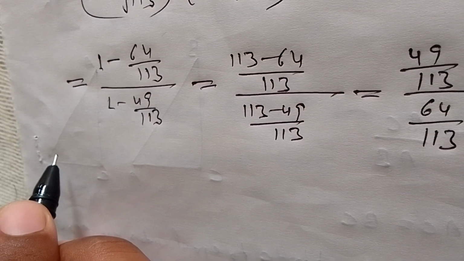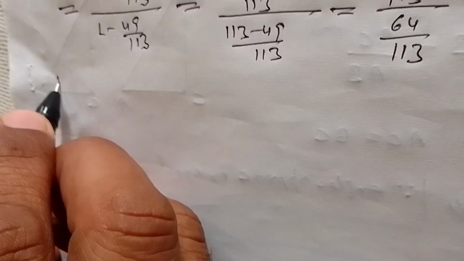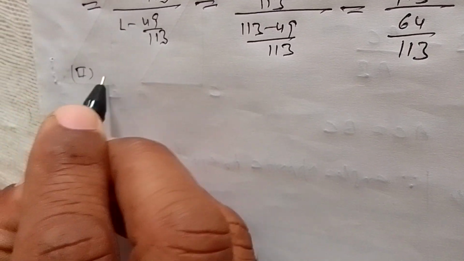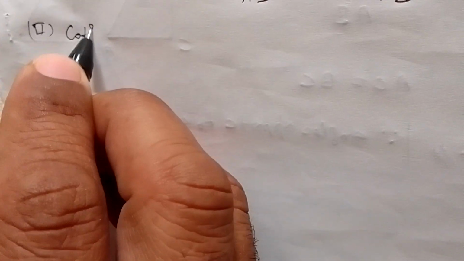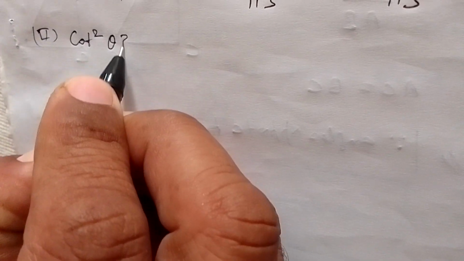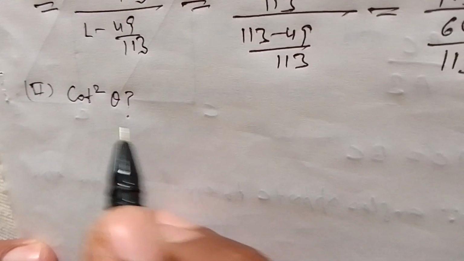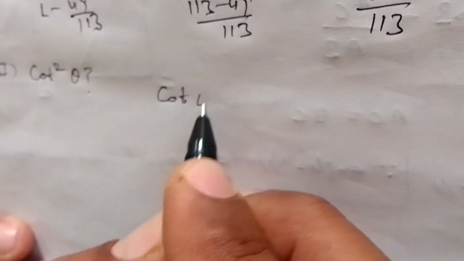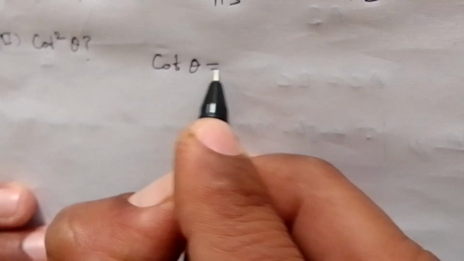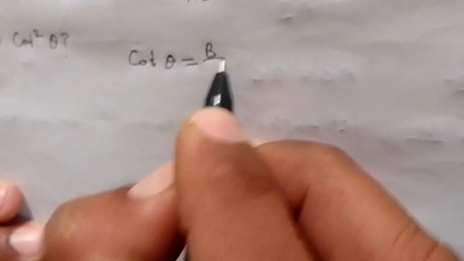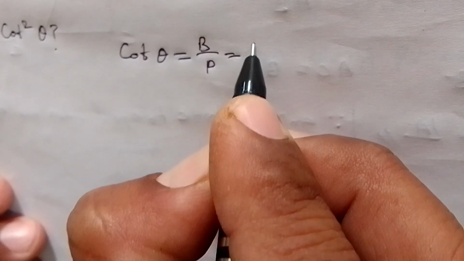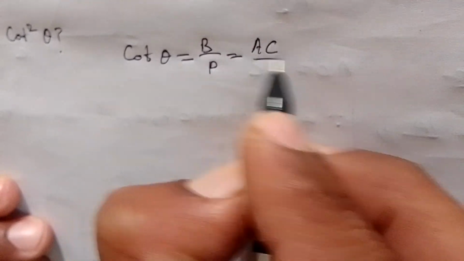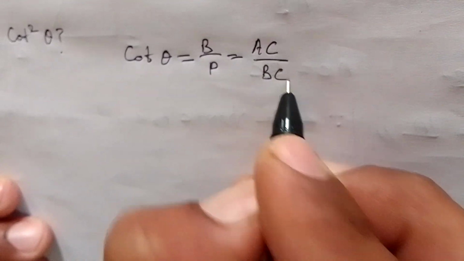The second part of the 7th question is we have to find cot square theta. To find it, first we know that cotangent theta is base upon perpendicular, that is AC upon BC.